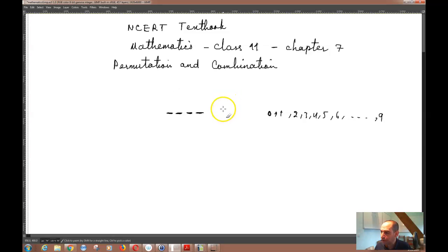So the lock can be opened if 4 specific digits are arranged in a particular sequence, the particular combination that we have in this case.